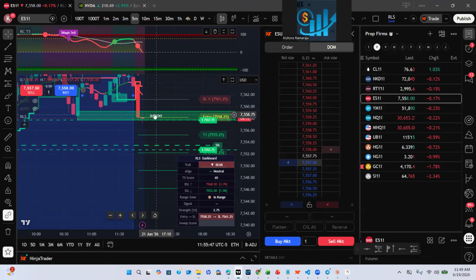If it breaks the support, this will become resistance. Next time when price comes here, it will act as resistance. So we should wait for a candle close.